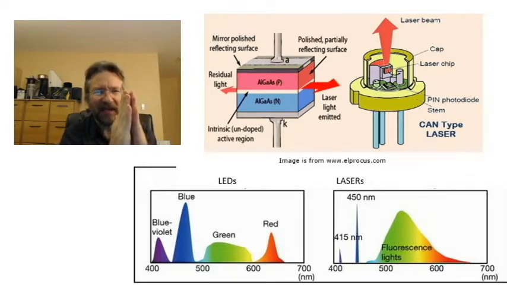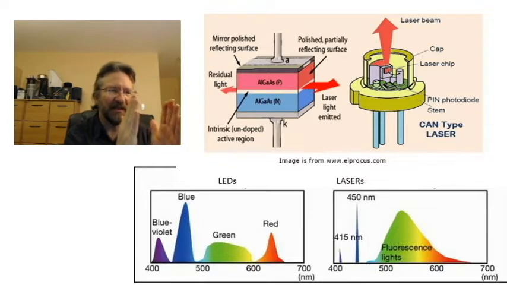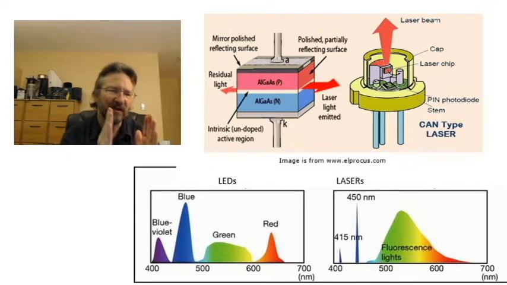The emission line, in this case, let's say an example of 450 nanometers, is a very thin line of spectrum, and it's only light at that wavelength which is coming out of that laser. Whereas in an LED, it's a little broader. So the mechanism is not incredibly different, but what is special for a laser is that it creates this very narrow window of color which comes out of it.